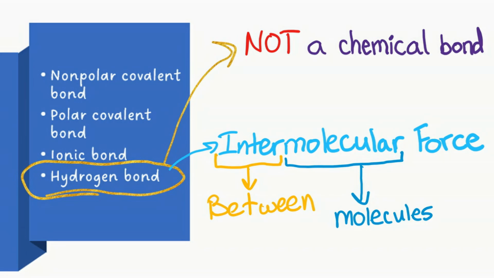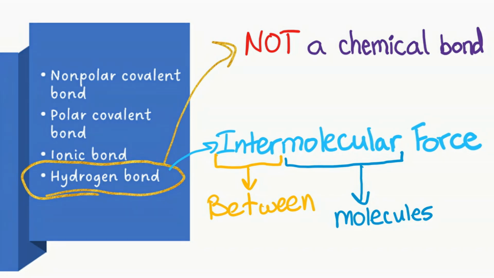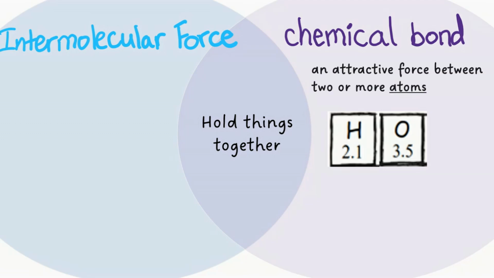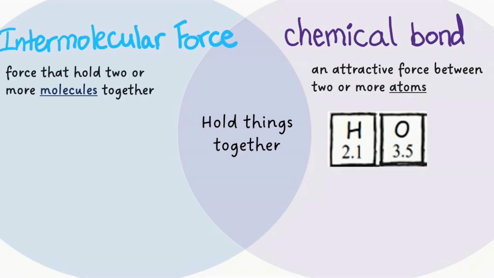So nonpolar, polar, and ionic bonds form within molecules. Hydrogen bonds form between molecules. For clarification, both of these interactions hold things together, but a chemical bond is an attractive force between 2 or more atoms within a molecule, whereas intermolecular forces are forces that hold 2 or more molecules together.